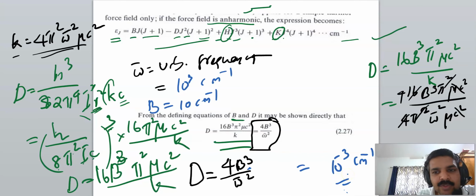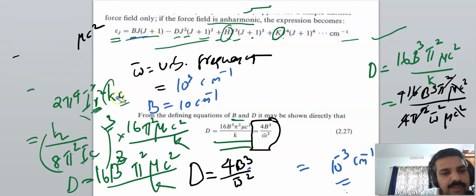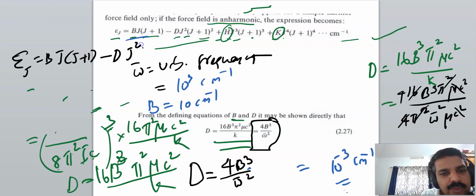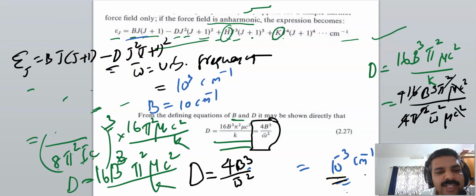And this is our equation, the energy of the non-rigid rotator: epsilon J is equal to B into J plus 1 minus D into J square into J plus 1 the whole square. The value of D is 10 raised to minus 3 centimeter inverse, which is very small.